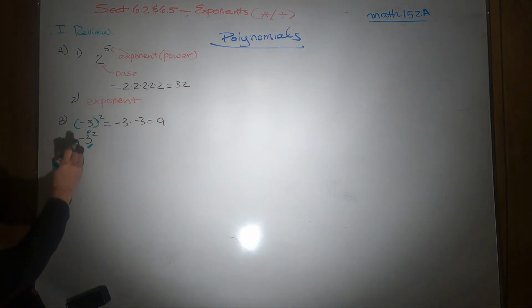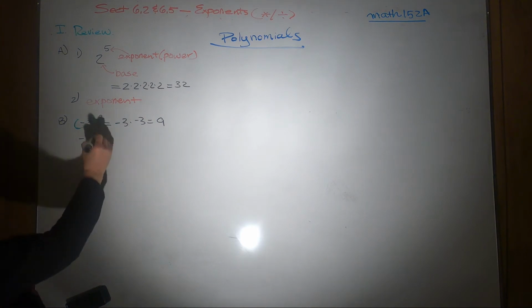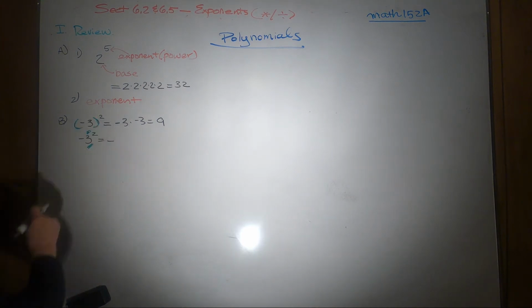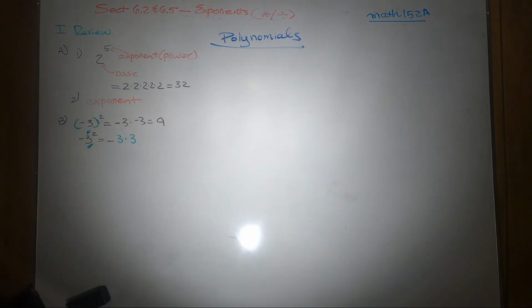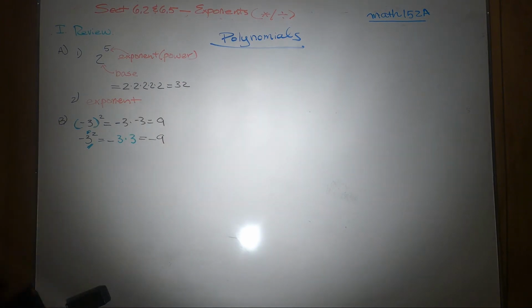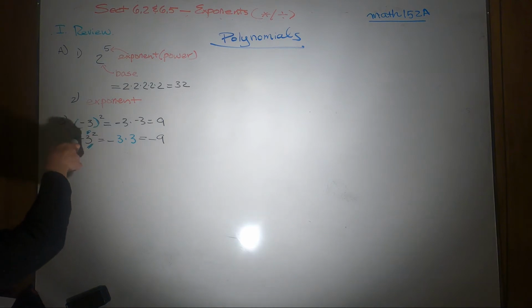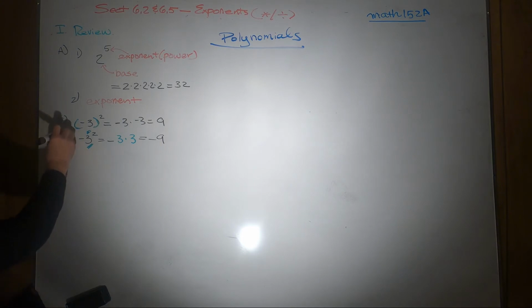Then you attach the sign after it. So you have negative, then you do 3 times 3, that would be -9, okay? You need to differentiate them, and usually you will make mistakes on those, okay?